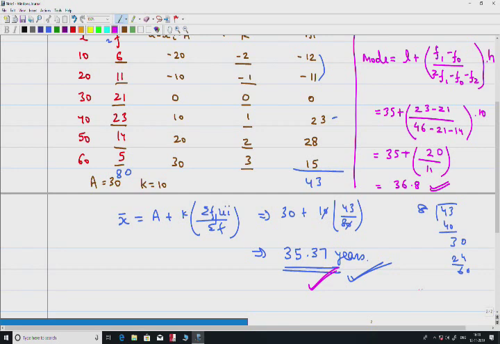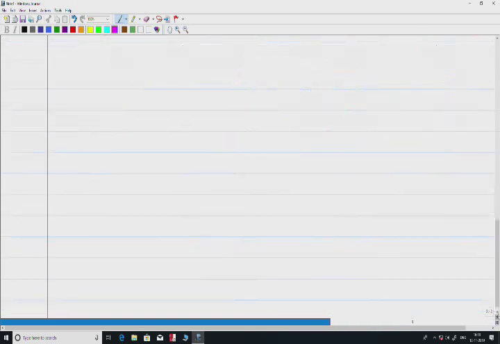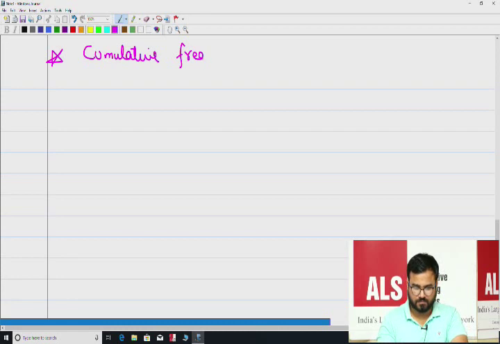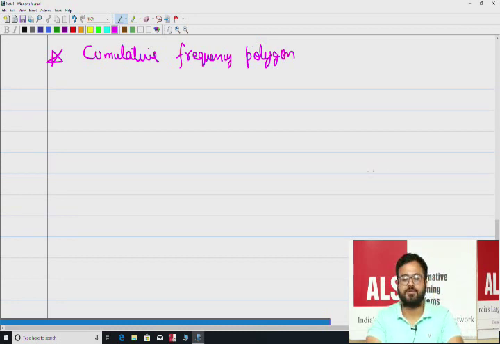Okay. So now note down the next heading, the next section of this chapter we are going to do today. This is cumulative frequency polygon.